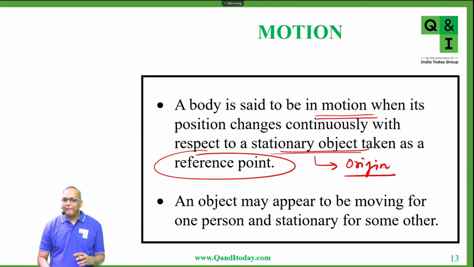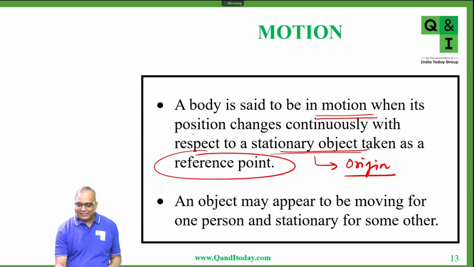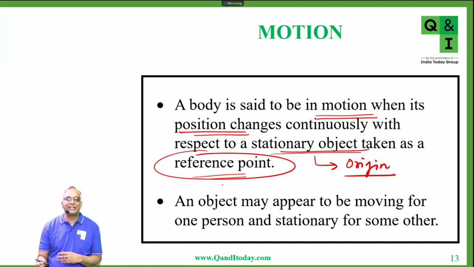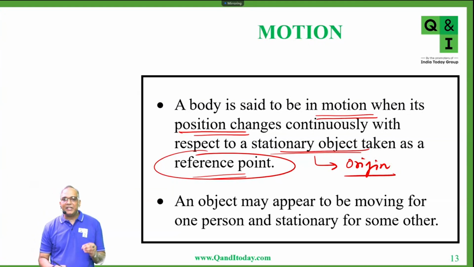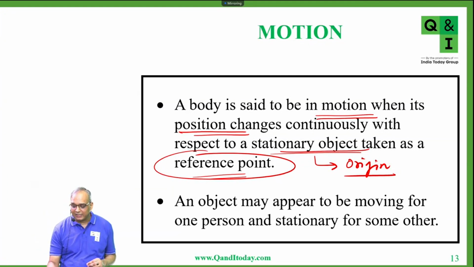So an object may appear to be moving for one person and stationary for some other. This is what we mean when we say that motion is relative.